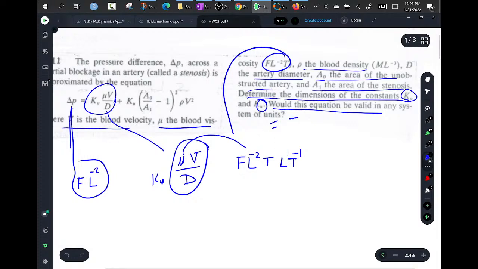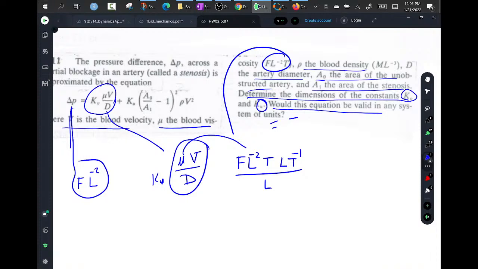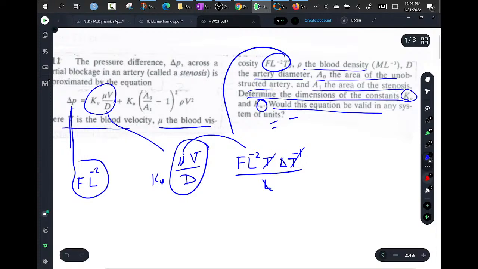Or you can also have a mass. So diameter, that's just length. So this length will cancel that length, this time will cancel that time. Let's look real close here. What I get left is this, and that is the same thing as is on the left side. So therefore, kV has no units.